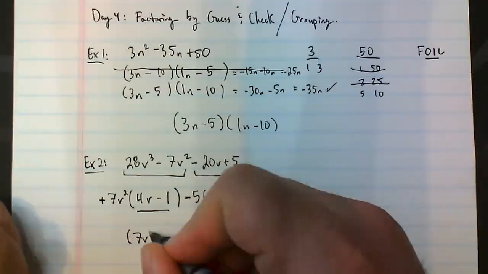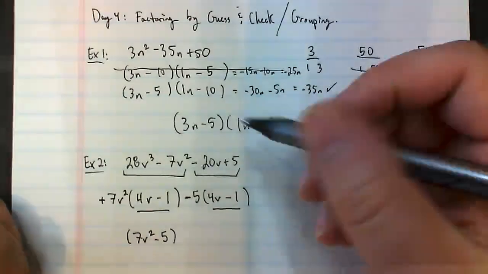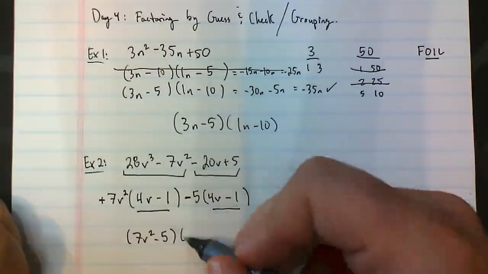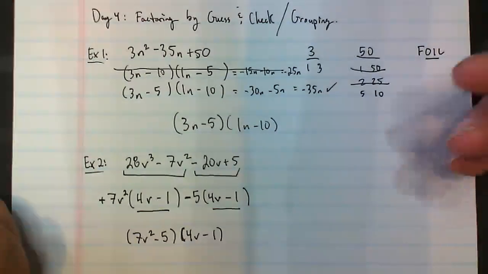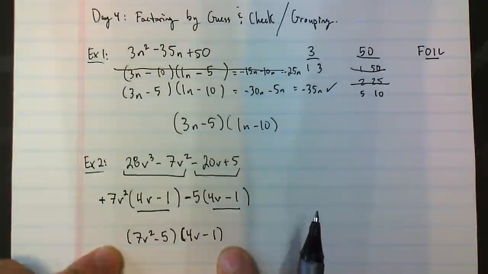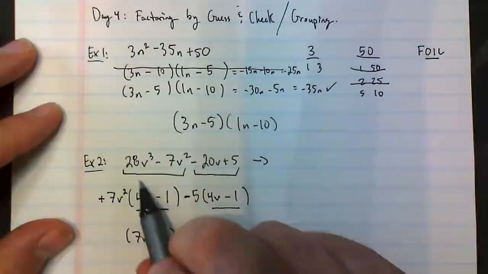And so when I factor out -5, that means I have a 4v minus 1 inside. And see, notice how I have the same terms here? That is going to be used later when I make my common binomial factor here.